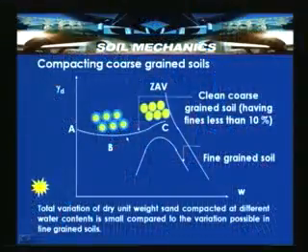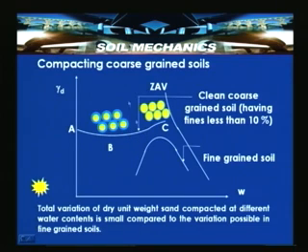Upon adding water, these films get washed away, and they allow the particles to come closer. That is the reason the capillarity effect decreases, and you will see an increase in the density.